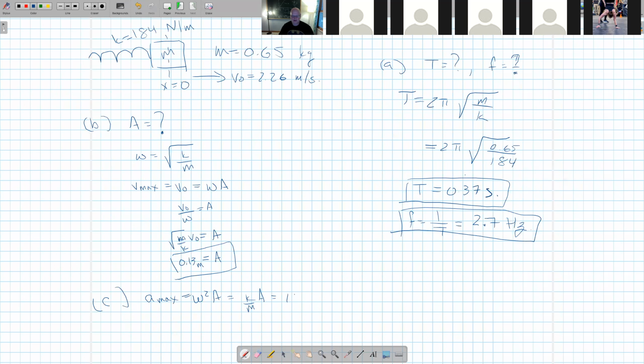That's 184 divided by 0.65, all times 0.13. Plugging in our numbers, this works out to be about 36.8 meters per second squared. So this is our maximum acceleration.